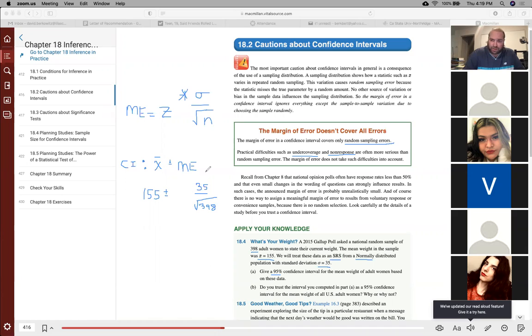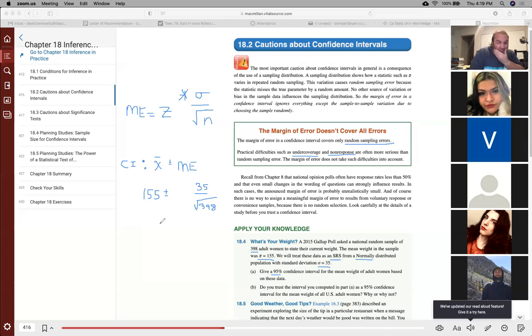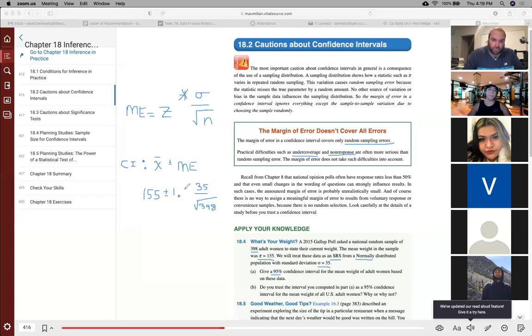Of course, at this point, it should be immediate, because we had a list of this is Z star in this case, this is Z star in this case. What in the problem tells us what case we're dealing with? It's 95% confidence. And 95% confidence automatically comes with a Z star. What is it? 1.960.